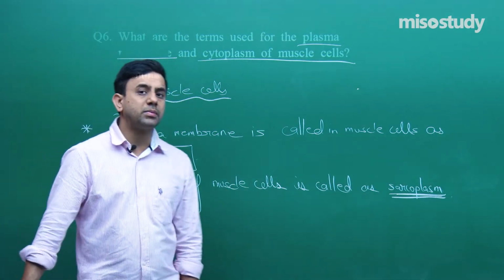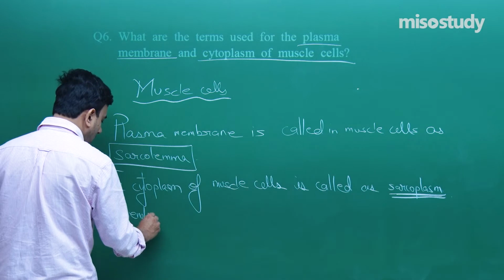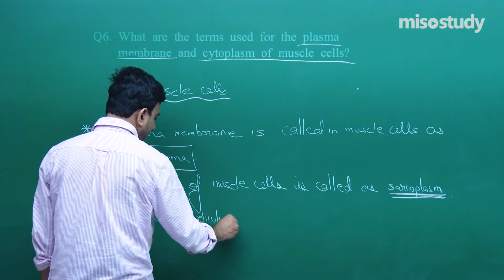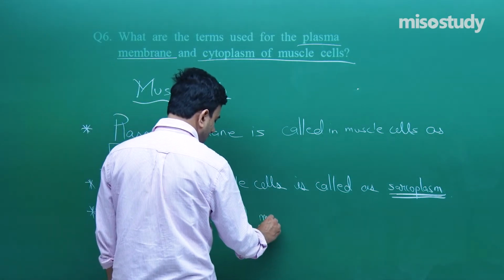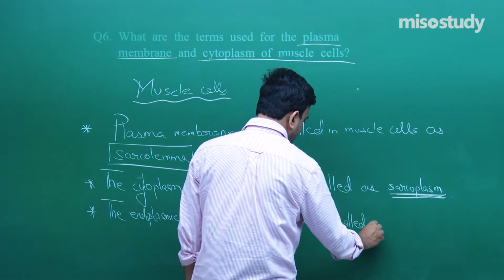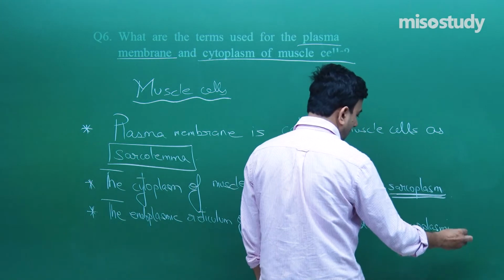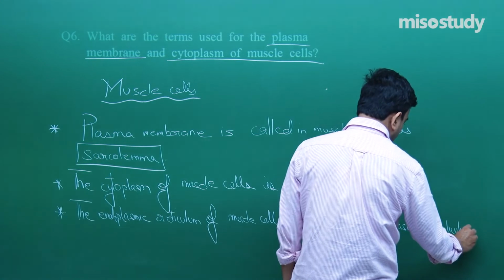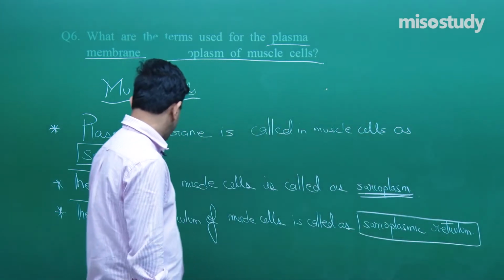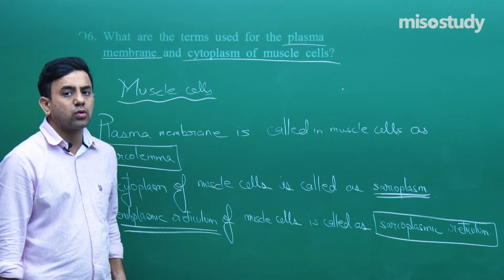The endoplasmic reticulum of the muscle cells is called sarcoplasmic reticulum. The endoplasmic reticulum of muscle cells is called as the sarcoplasmic reticulum.